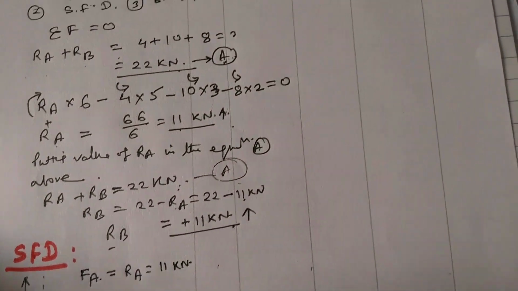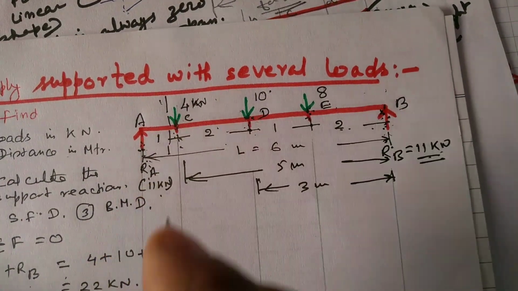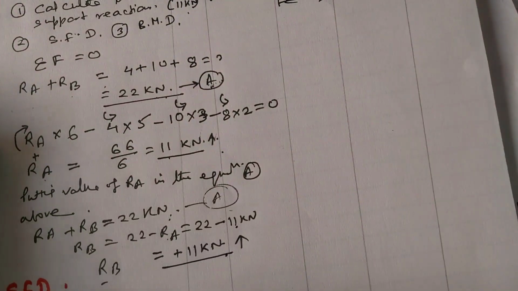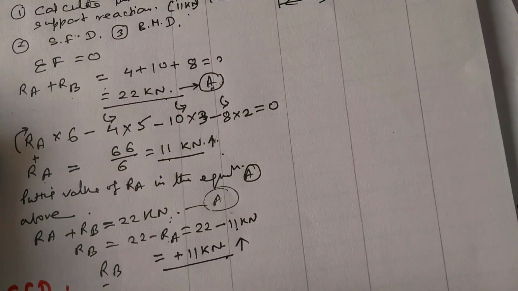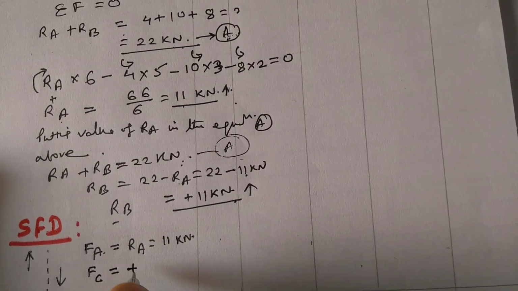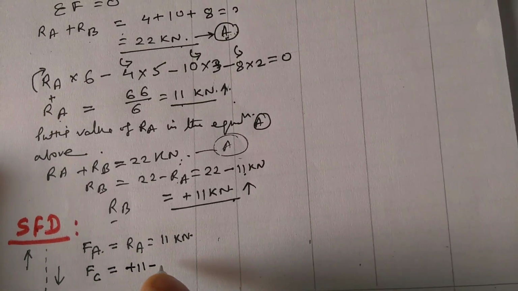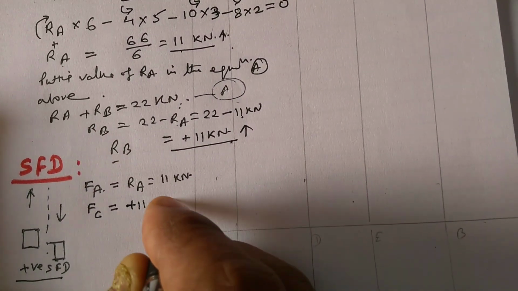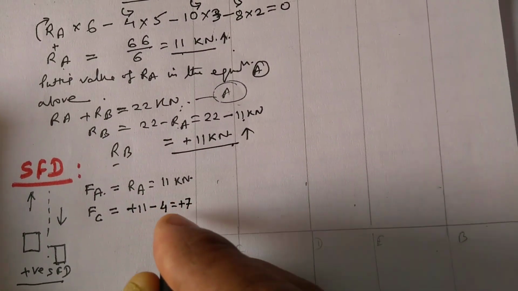Okay, then FC: this is 4 kilonewton down. So FC equal to plus 11 minus 4, plus 7 kilonewton.